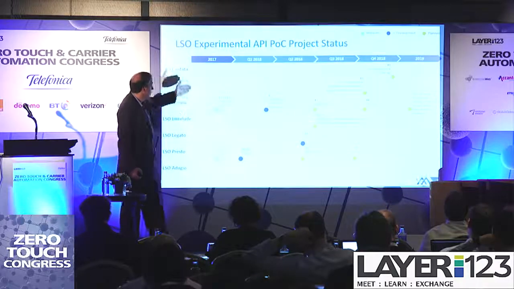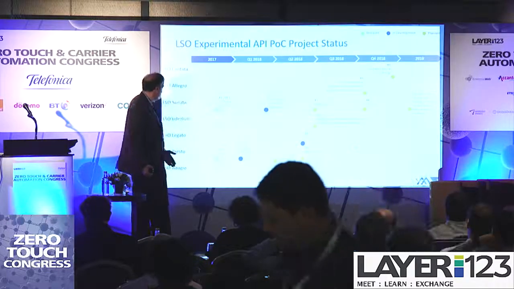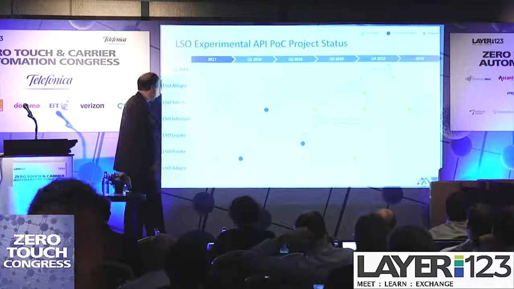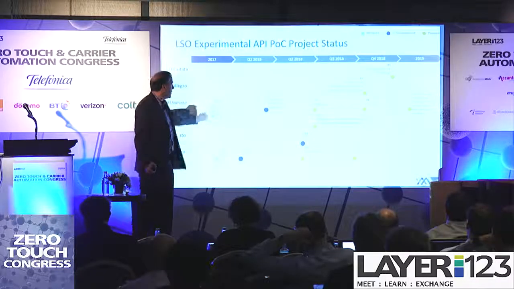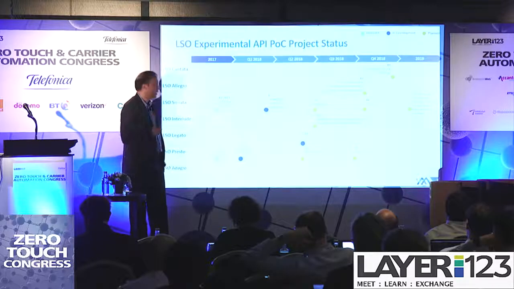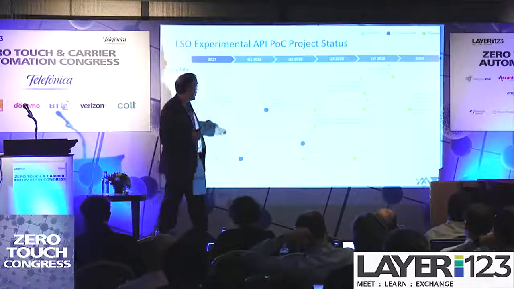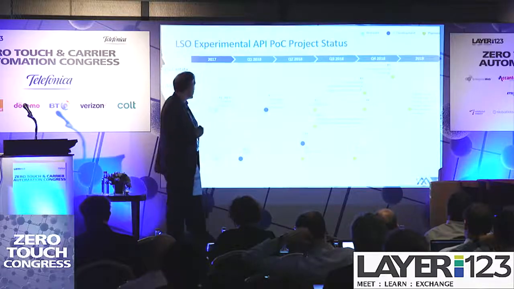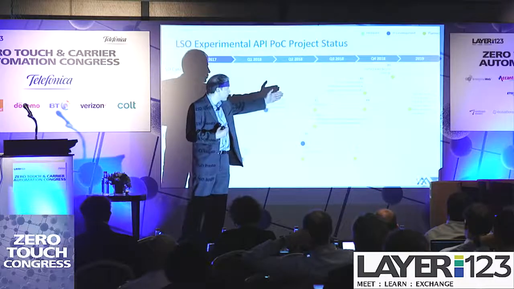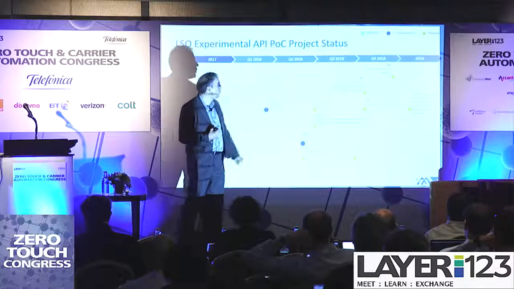So this is what we already did: the network resource and the Sonata, the ordering and serviceability. We are improving the Sonata. This is the R2. And this is the plan moving forward.